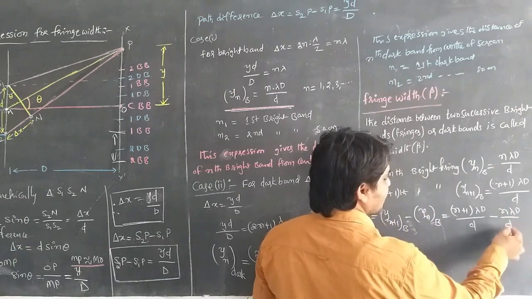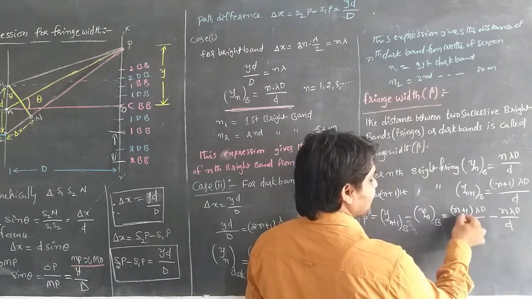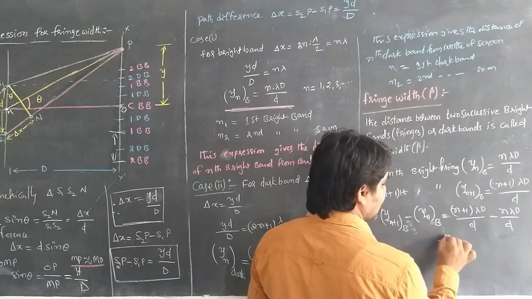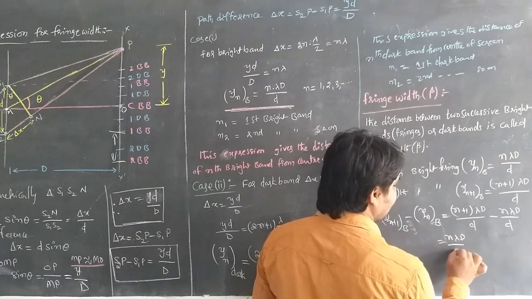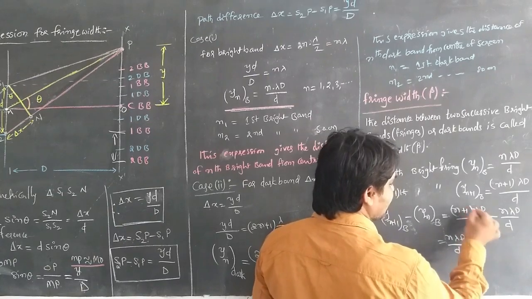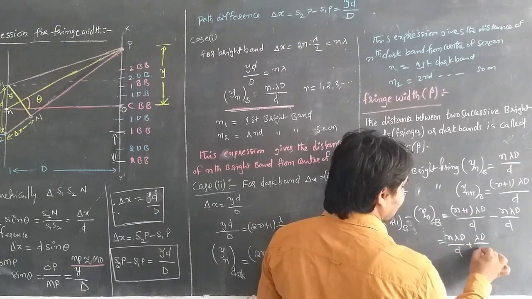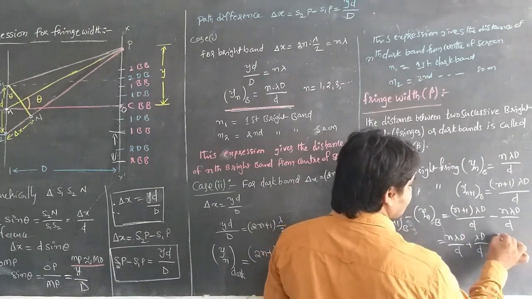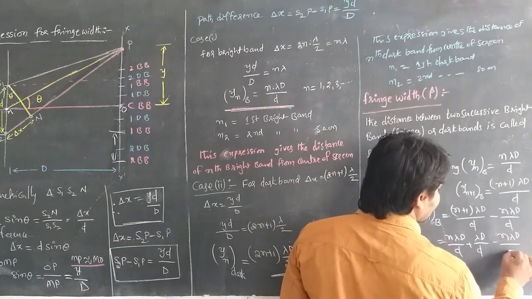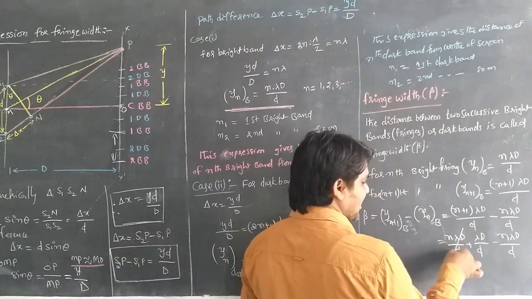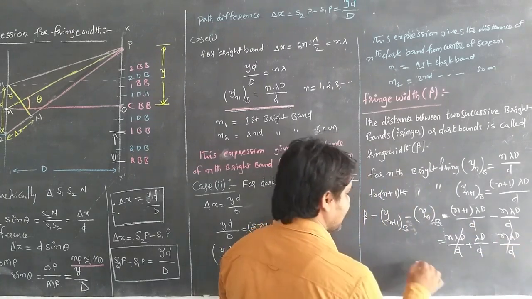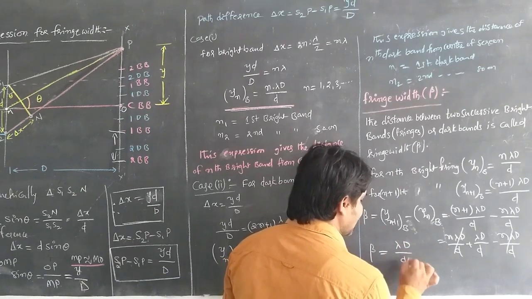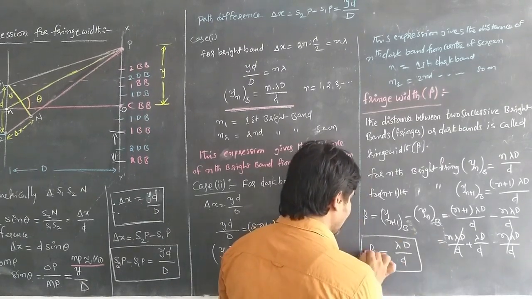Multiplying inside, we get n lambda D by d plus lambda D by d minus n lambda D by d. The plus and minus cancel, and we get beta is equal to lambda D by d.